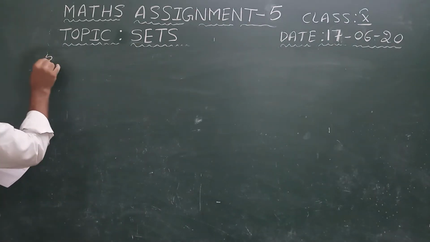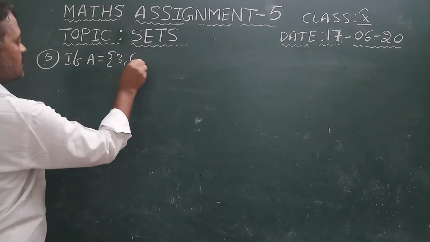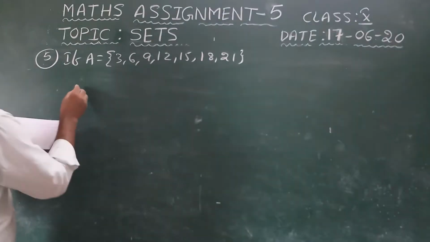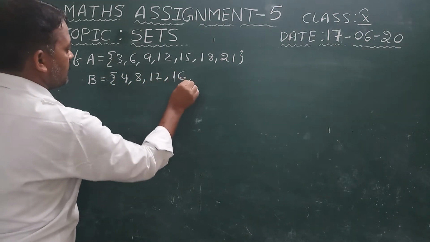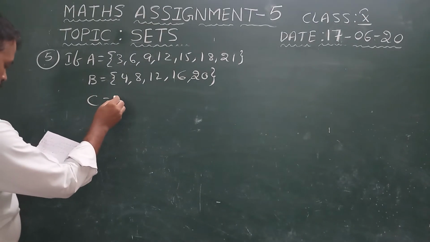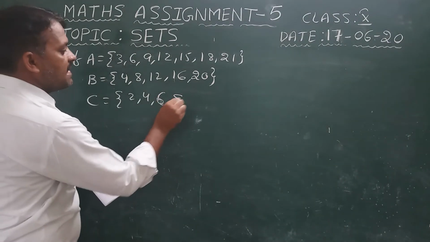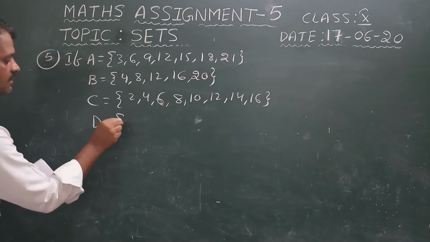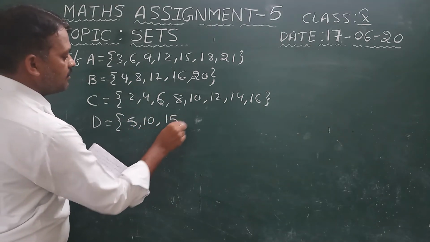Fifth question: if A is equal to the set of 3, 6, 9, 12, 15, 18, 21 and B is equal to the set of 4, 8, 12, 16, 20 and C is equal to the set of 2, 4, 6, 8, 10, 12, 14, 16 and D is equal to the set of 5, 10, 15, 20.